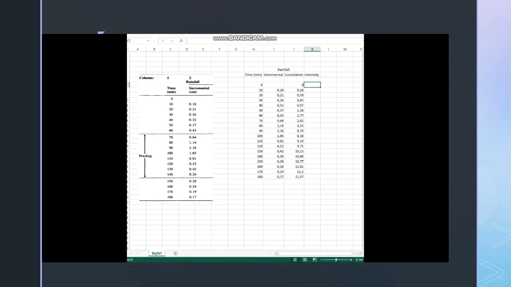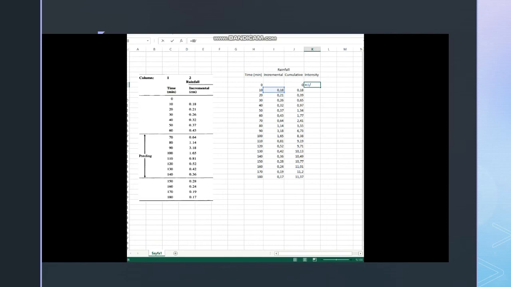How are we going to calculate this intensity? It is the incremental rainfall over the time period.